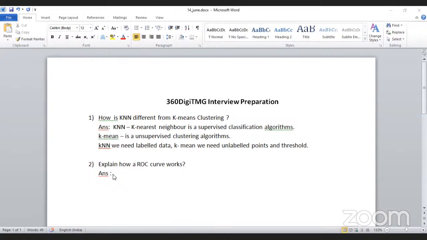ROC curve is nothing but what? It is a contrast between true positive rate and false positive rate. Okay.